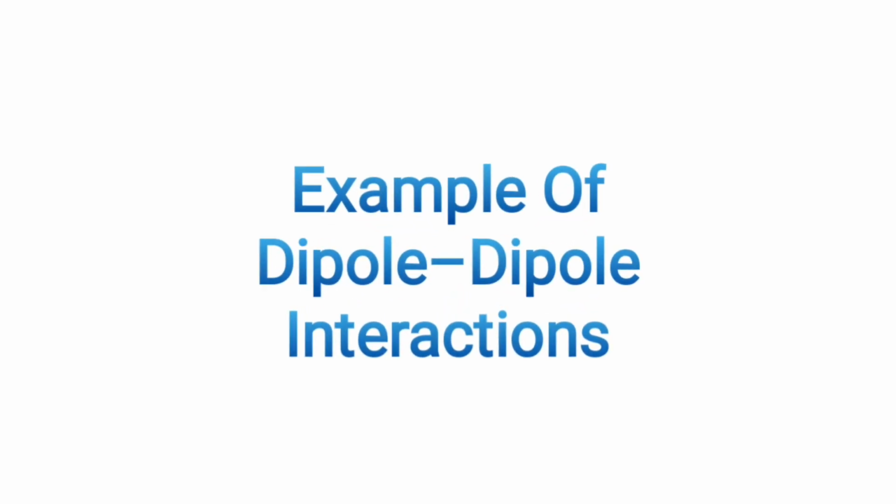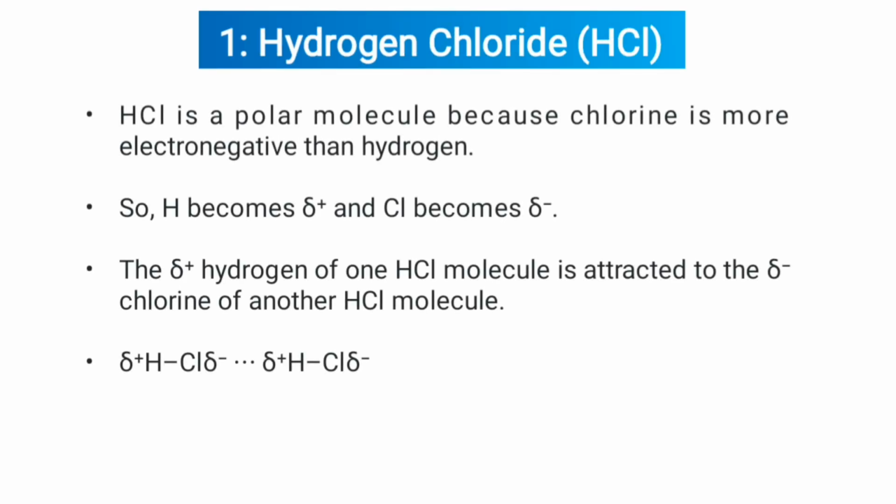Example of dipole-dipole interaction. The first one is hydrogen chloride, HCl. HCl is a polar molecule because chlorine is more electronegative than hydrogen. So hydrogen becomes partial positive and chlorine becomes partial negative.